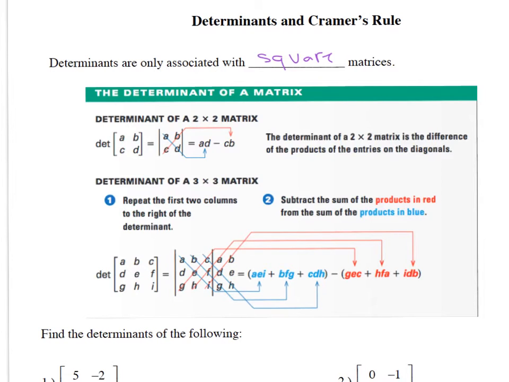So again, following the main diagonal, which is A, E, and I, you're going to multiply down your main diagonal, that's this first term right here, and you're going to multiply the next diagonal, which is B, F, and G, and then your third diagonal here, C, D, and H, you're going to multiply, and you're going to add all those numbers together. So multiply down your main diagonal, and then you're going to multiply on the other diagonals. So multiply, multiply, multiply, you'll add all those together, and then you'll subtract those two values.